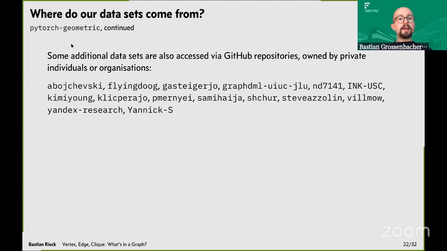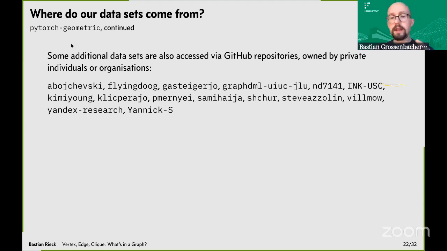For instance, if we look further into these dataset sources, there are also some datasets that are directly accessed using GitHub repositories. There's nothing wrong with that. I love GitHub. I use it myself. However, these datasets are owned by private individuals or organizations. There are some people that I recognize here, for instance, Alexander Buchevsky, of course. There are also some organizations that I recognize here, like Yandex Research.